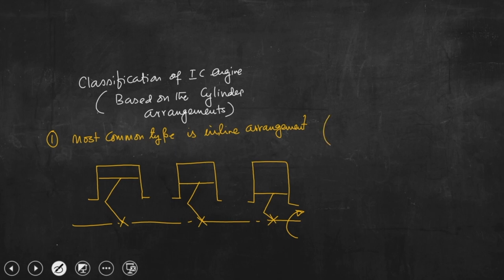That means all cylinders are placed in a line. So, this is the cross sectional view. If we try to draw another view, it will look like this.